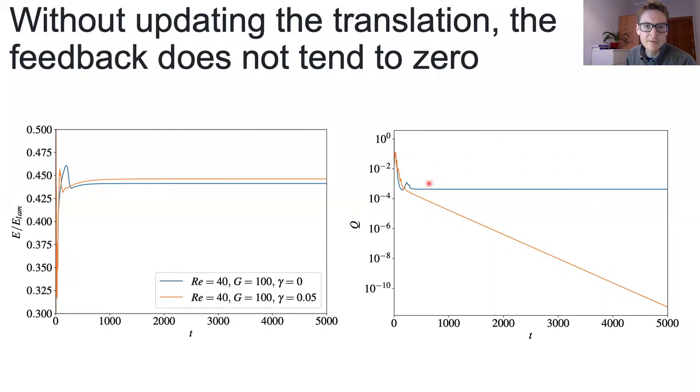So here the blue curve is showing you the case with basically just a 0 translation, so a 0 phase speed in your delay term, and the value of your Q measure saturates at some fairly large value, relatively speaking, and by adapting the shift, then you can send this Q measure to machine precision.